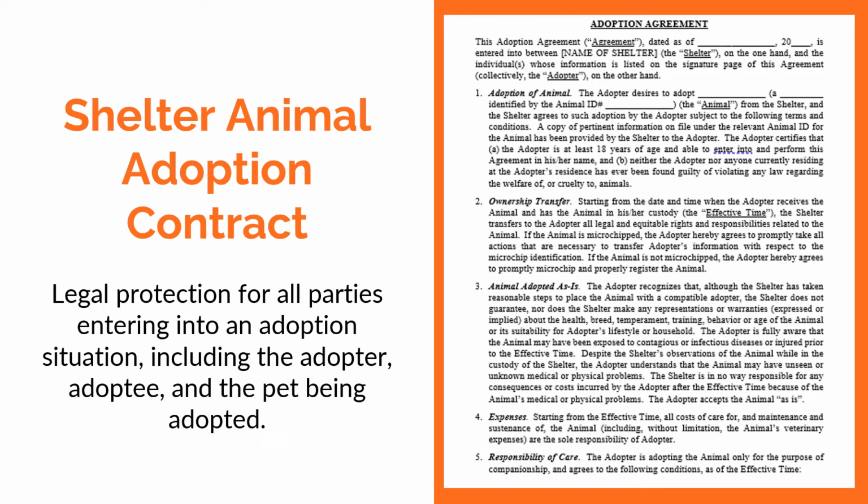There are numerous laws on the books in California that deal with animal welfare and more specifically with how, when, in what manner, and to whom a pet can be adopted from a shelter or a rescue.